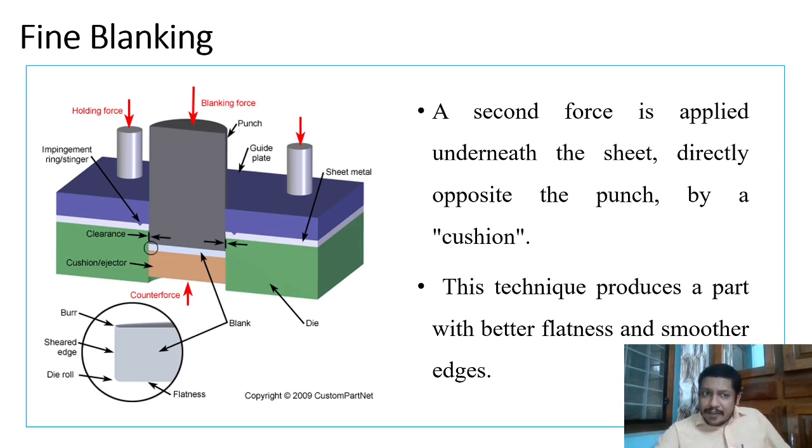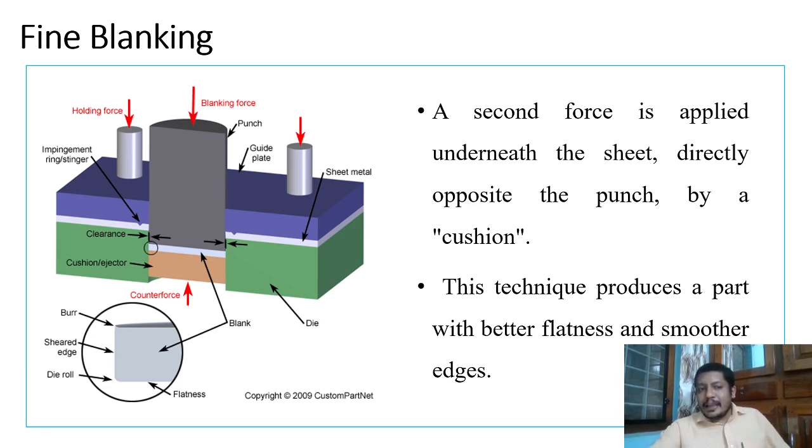If I try to deform such a sheet, sometimes it may extend to a crack or my part may get damaged. To avoid that, there is an operation called fine blanking.